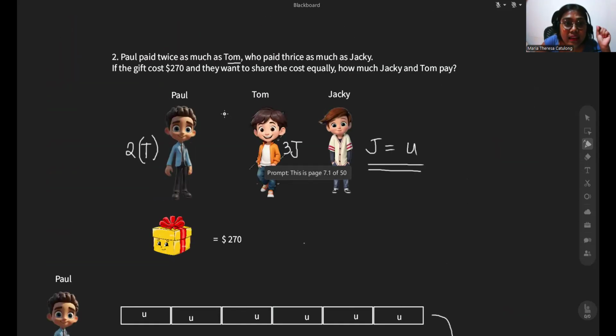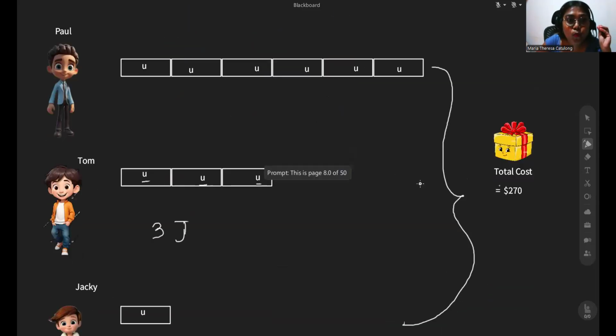And in the problem, Paul paid twice as much as Tom. So how do we draw the bar model for Paul? Paul paid twice as much as Tom. Now what is the value of Tom? That is equal to 3 times Jackie, right?